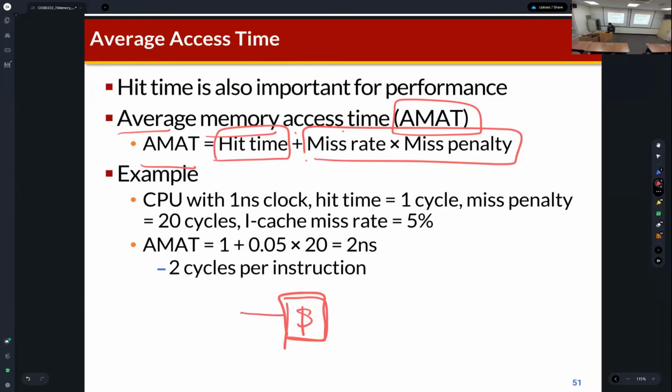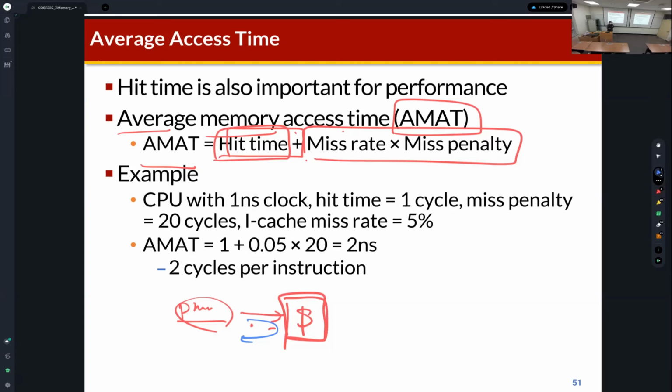When the processor accesses the cache, it will take time. Hit time means that in the cache hit case, the data is returned from the cache.